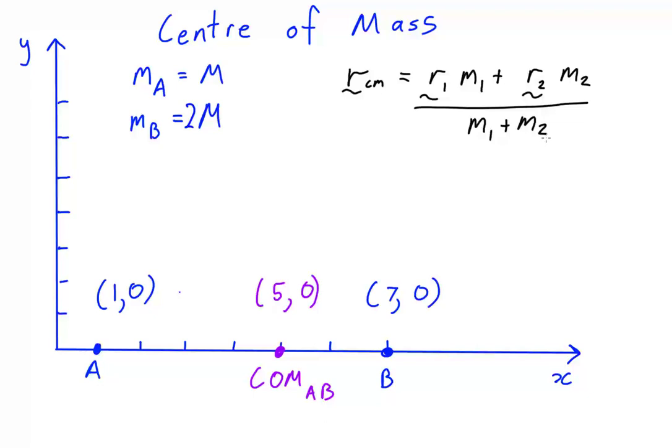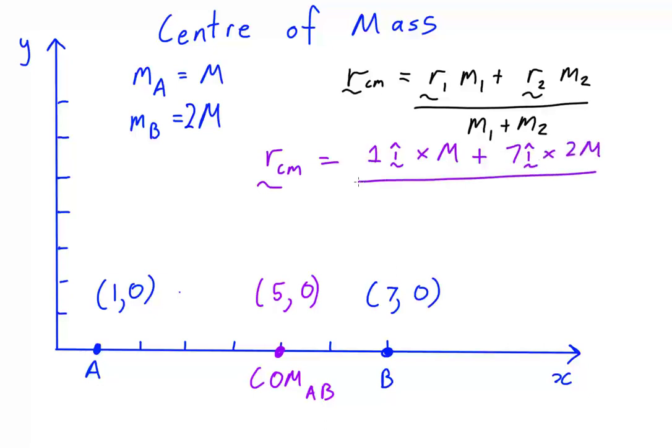So let's try applying it to the previous scenarios. If we look at the most recent scenario where the mass of B is equal to twice the mass of A, then our center of mass will be 1 in the x direction multiplied by the mass m, plus, in this case for B, 7 in the i direction multiplied by 2m, all divided by m plus 2m.